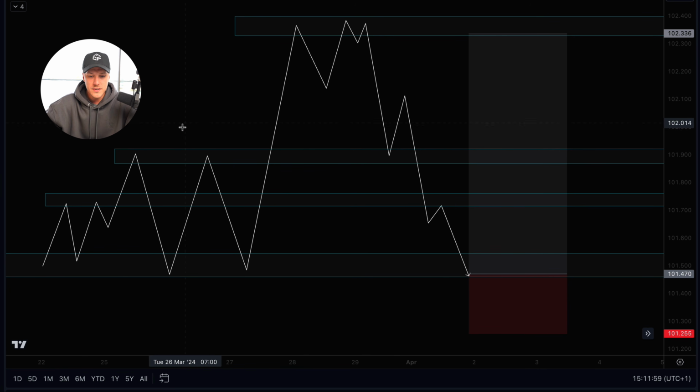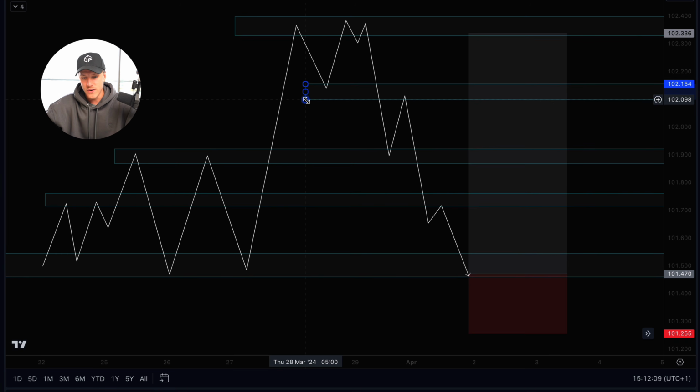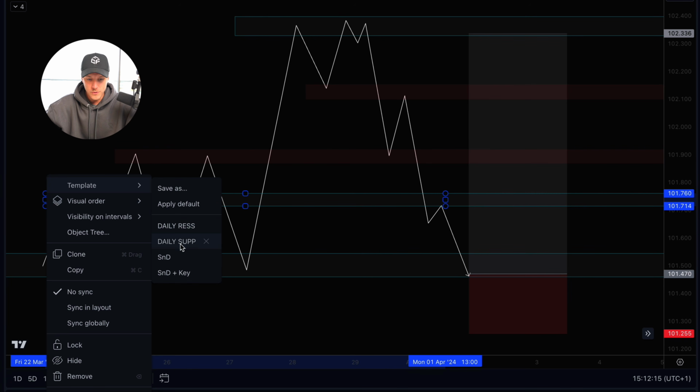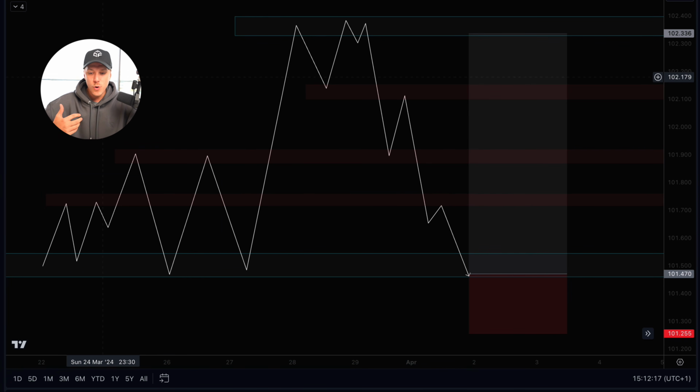This was previously resistance, then support, so this could also get in my way. And now I find another resistance right here. So let's mark it: red, red, and red.